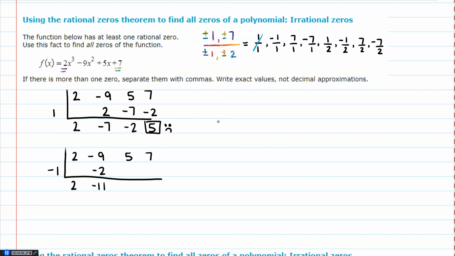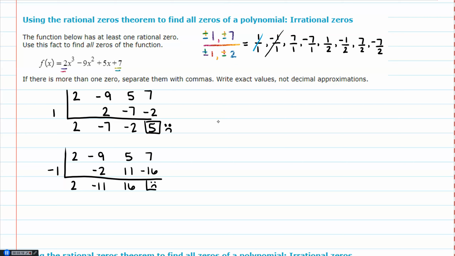Negative 1 times negative 11 is positive 11. And I think you can kind of see that this is definitely not going to work, right? 5 plus 11 is 16, and this is not 0, right? I'm just going to put a sad face because it's not 0. So negative 1 didn't work.